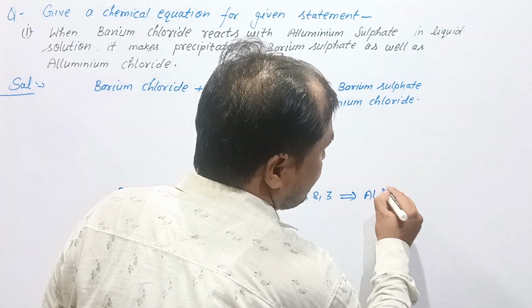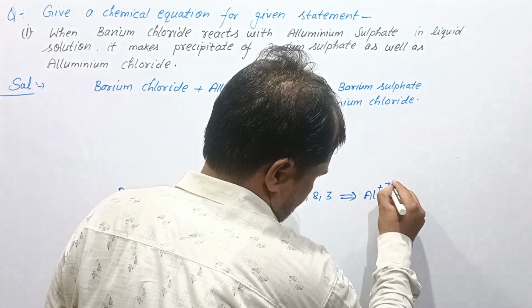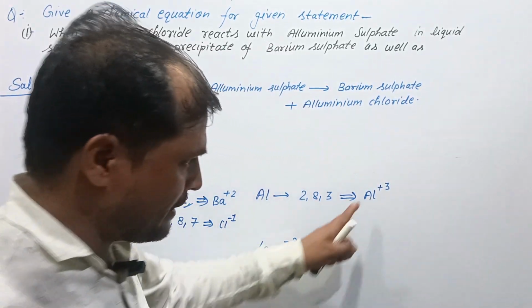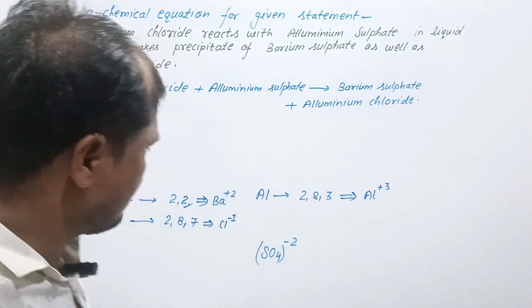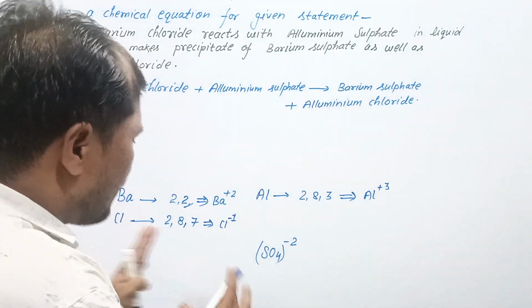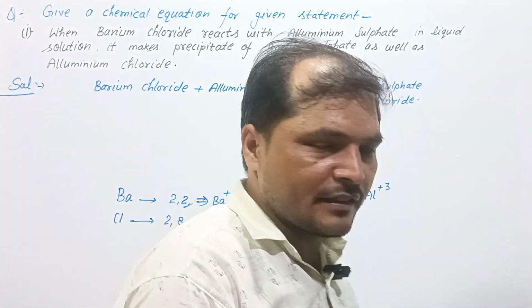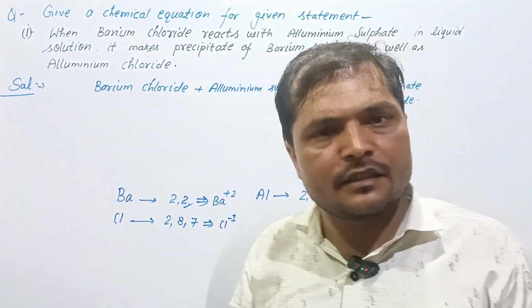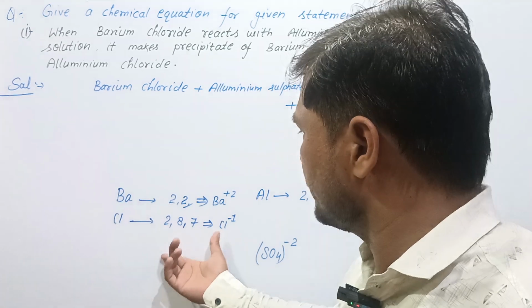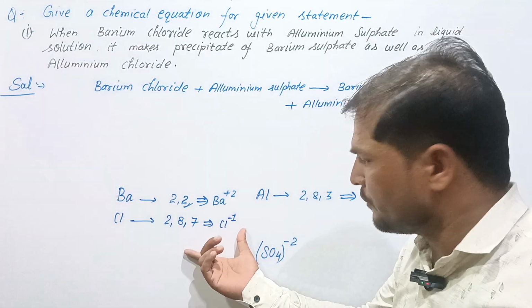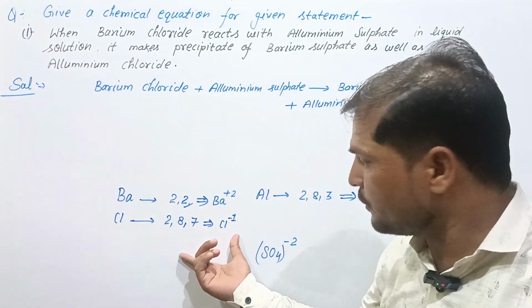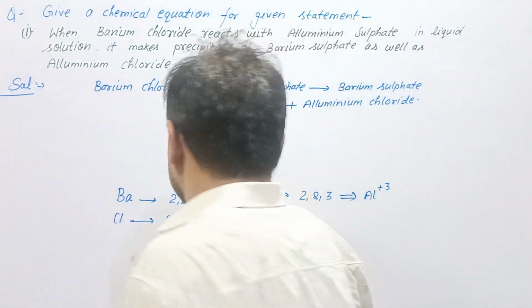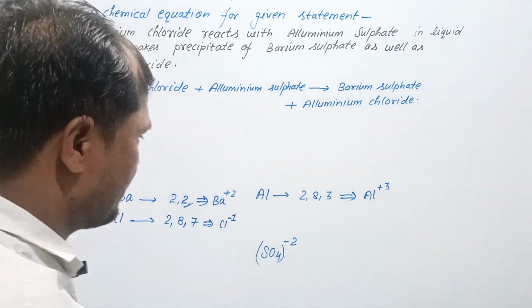Hence, aluminium is a metal and its valency is +3. If we know all these things, valency and electronic configuration, then we can write any compound easily. So we first need to learn about the electronic configuration and valency of elements.